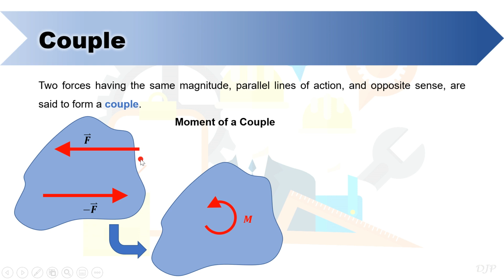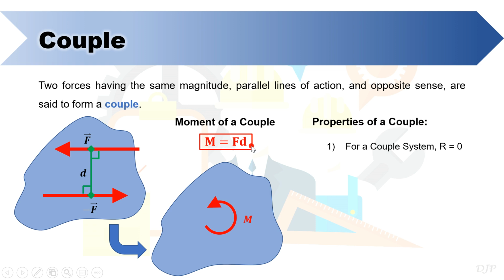Now, if we let the perpendicular distance of these two forces be distance d, then the magnitude of the moment of the couple can be simply expressed as the magnitude of the force times distance d. Before we prove this formula, let's take note first of the properties of a couple.